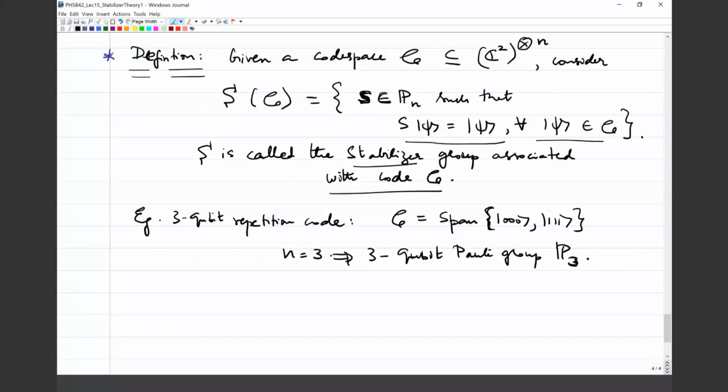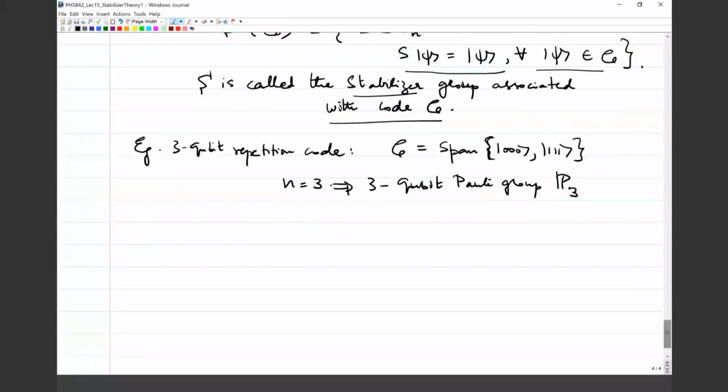So which are the operators, the tensor products of Paulis, which leave these states invariant? Remember, it has to leave both the states invariant, and that is when it is going to leave the entire code space invariant, right? That is when it will leave any state in the code space invariant.